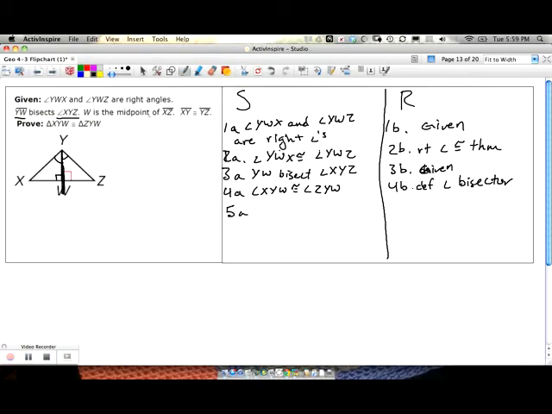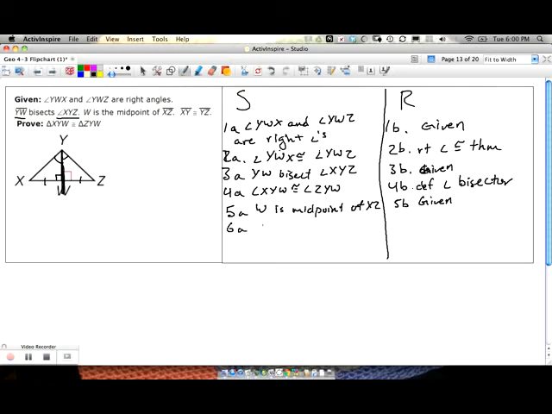Let's do another one. What else do we know? W is the midpoint of XZ. So that means that these two pieces are going to be equal. So W is the midpoint of XZ, 5B, and that's given.